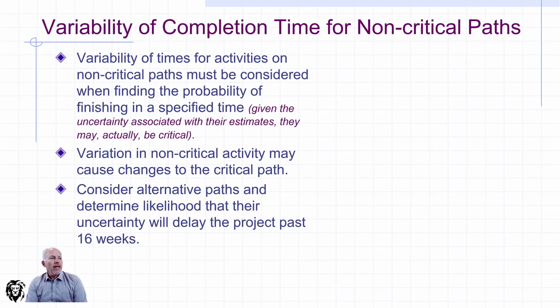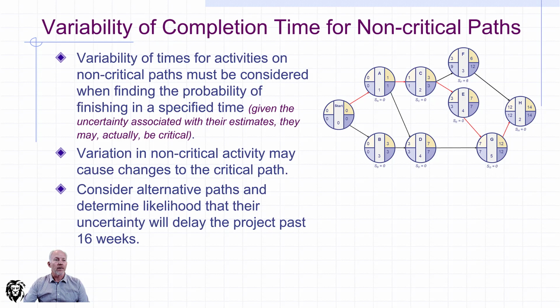So we've been looking at the completion of the critical path, but we've also talked previously about bias and how convergence can cause all sorts of problems. And so what we need to also do is to look at the probability of completing by a certain time of our non-critical paths, because they may actually impact us.